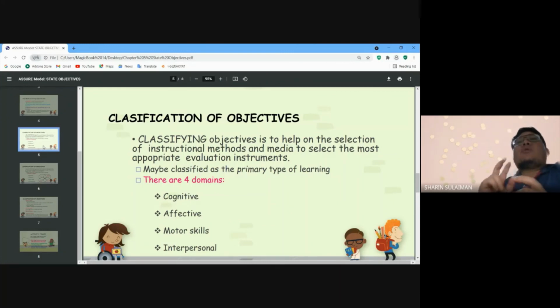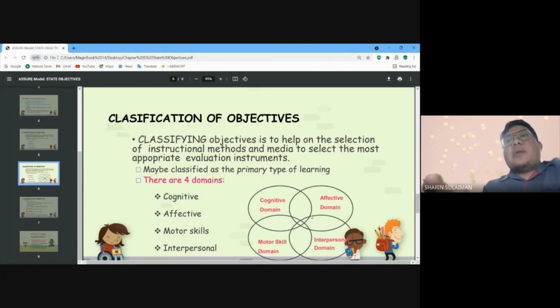The third is motor skill, also known as psychomotor, and the last one is interpersonal. Affective domain, motor skill domain, interpersonal domain. So it depends on the nature of the subject.